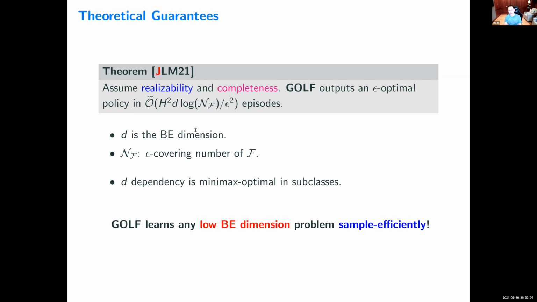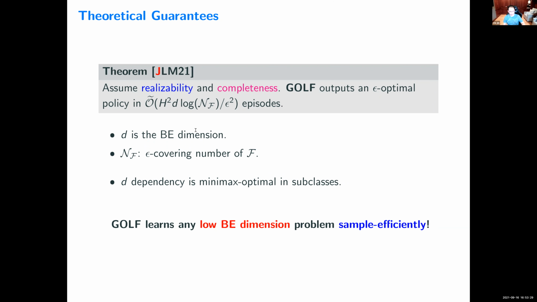I think that's also a drawback of existing theory. I don't think realizability is checkable by just looking at data. Realizability is assuming the optimal value function is in this class, and if you already have the optimal value function, then you're done. I'm not aware of any way we can check this assumption. It's just assumed. Thank you.